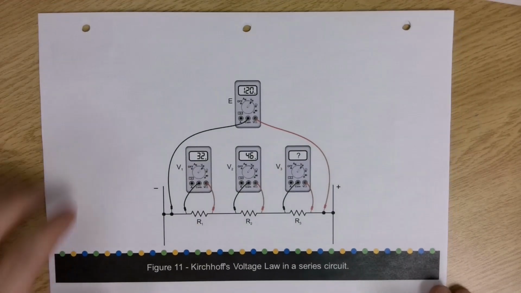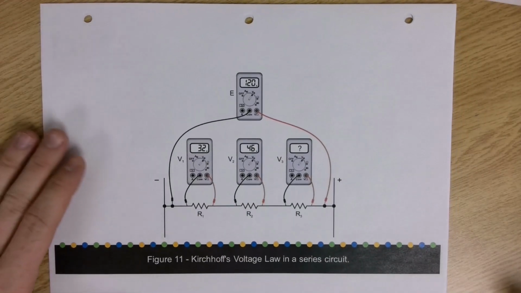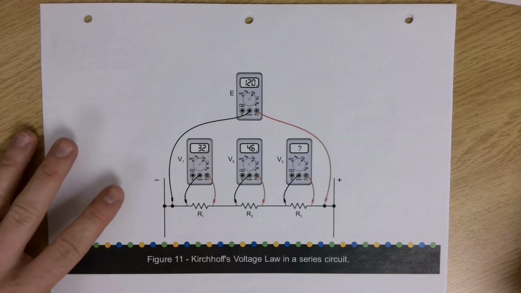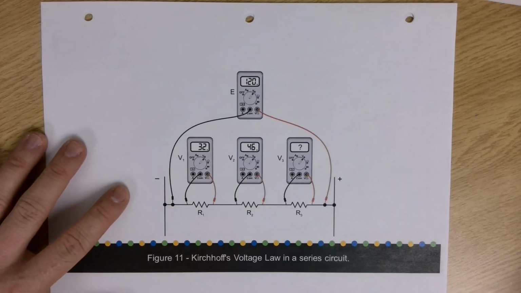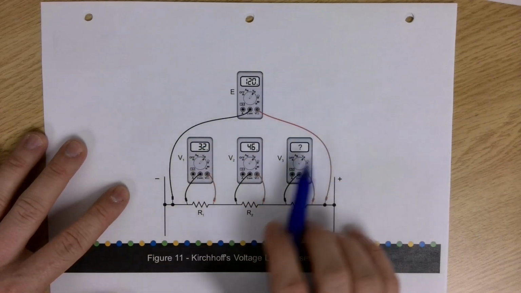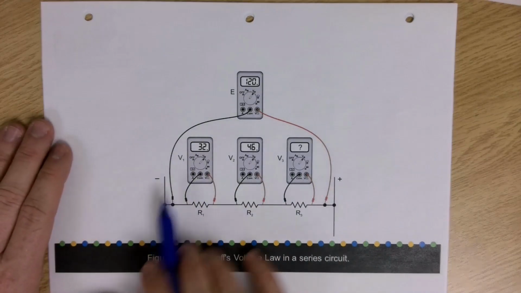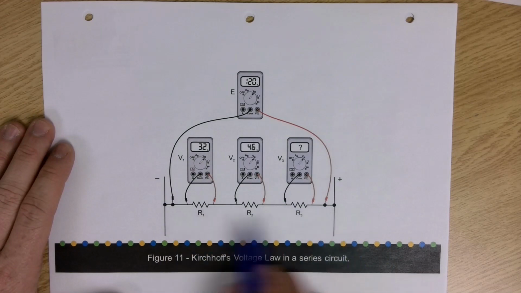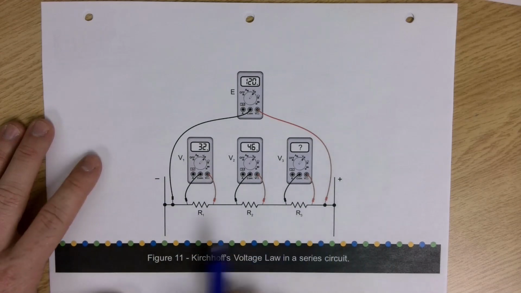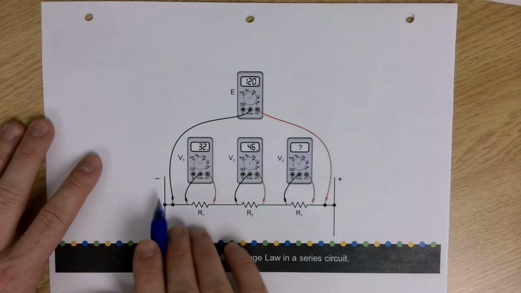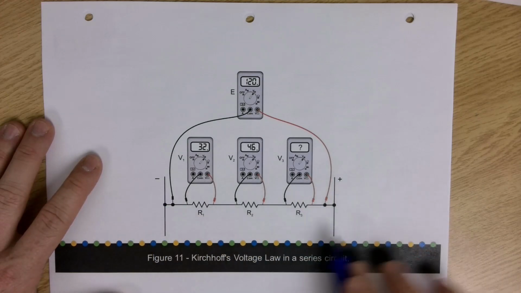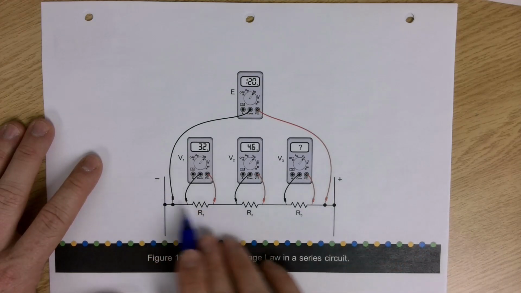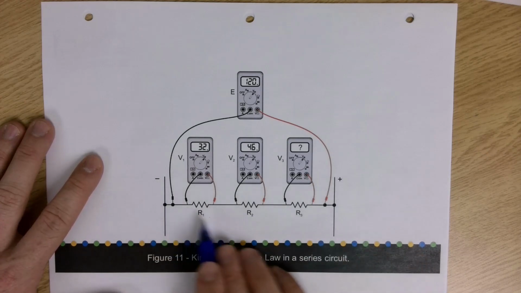These images are taken right out of your module if you need a frame of reference. Now we have some voltmeters set up measuring different points of this circuit. It's the same circuit, that ladder style diagram, with one path for current to flow, which means it's a series circuit.